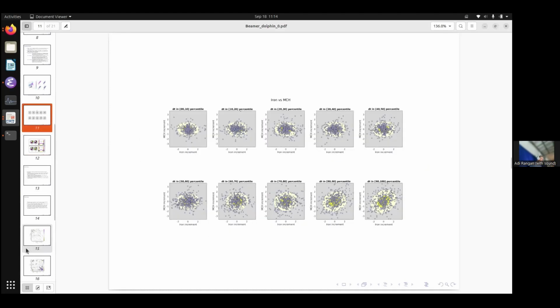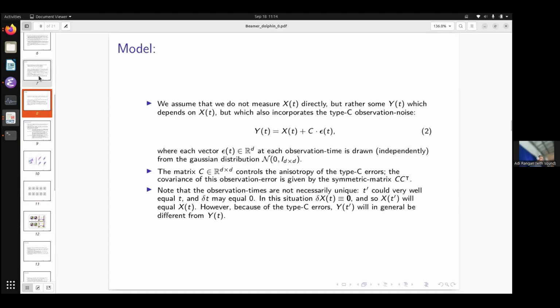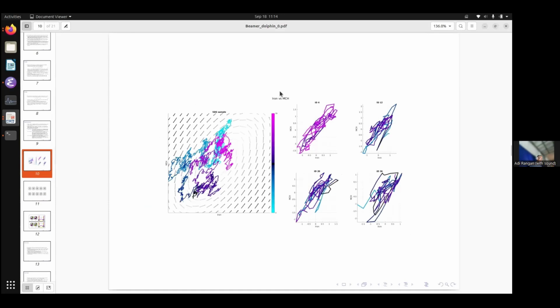And what that does is strongly indicate that there is evidence for some kind of model of this kind to fit that data, where capital A is a matrix that has off-diagonal components corresponding to this deterministic drive here.